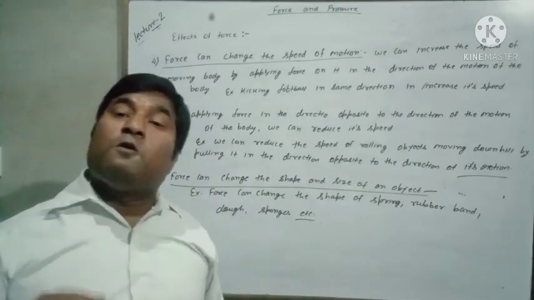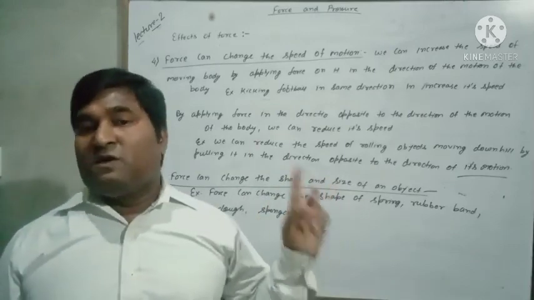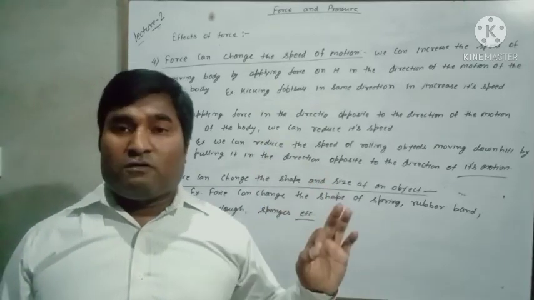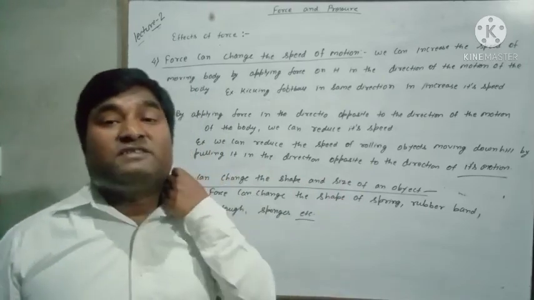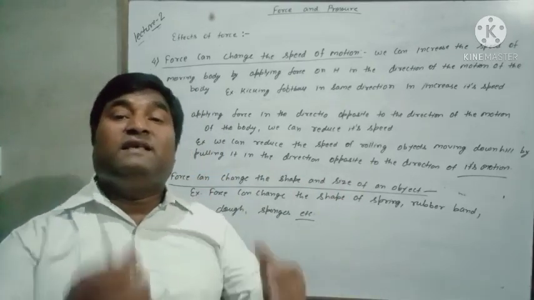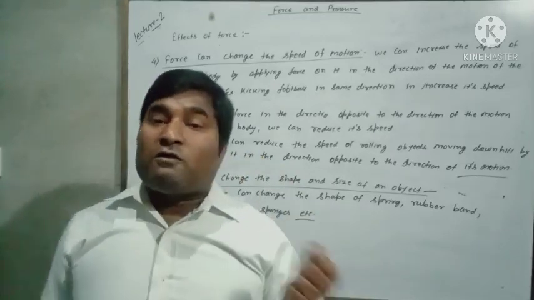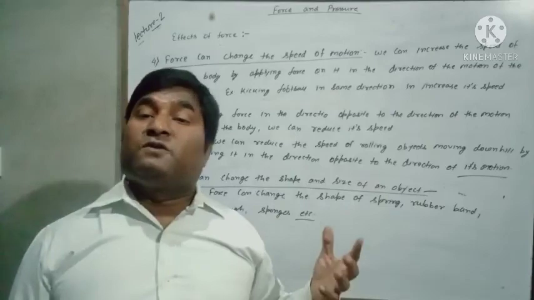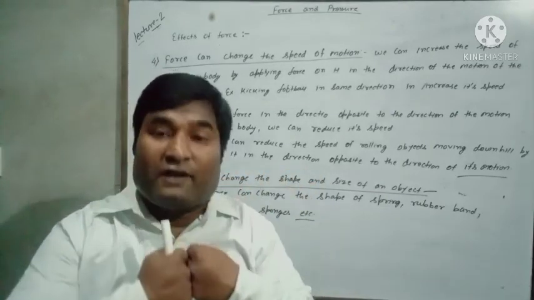And one more is non-contact force. So forces are of 2 types: contact force and non-contact force. Contact force is the force in which the interacting bodies are in physical contact with each other. And non-contact force means a force for which the objects need not be in contact.